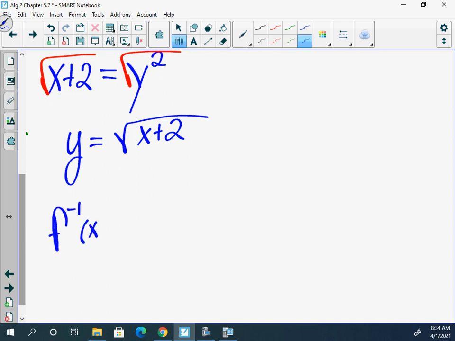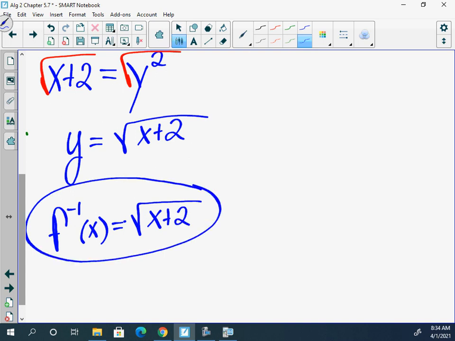F inverse of x is equal to, we would say plus or minus normally, but we just have the square root of x plus 2, because in the directions it told us x is greater than or equal to 0. So since x is greater than or equal to 0, here we would not have the plus or minus.